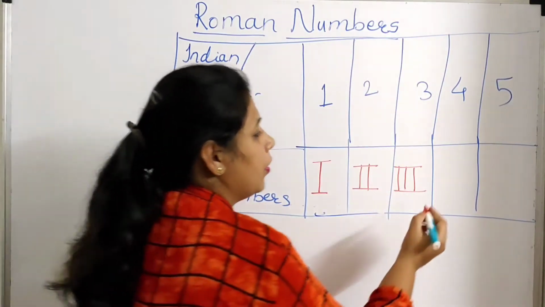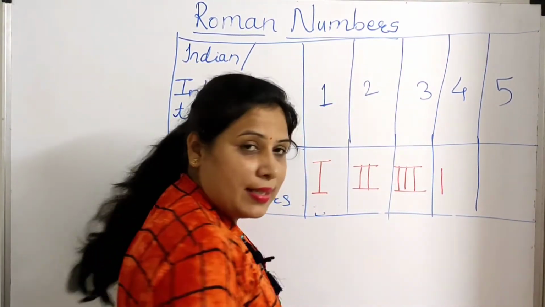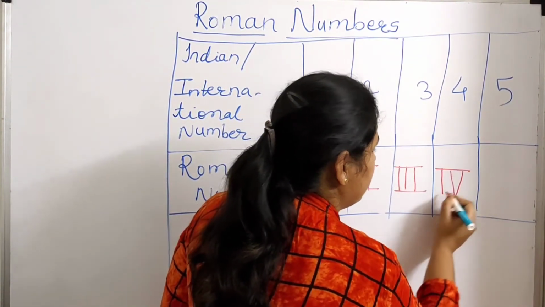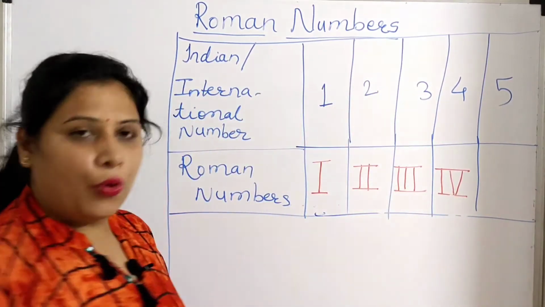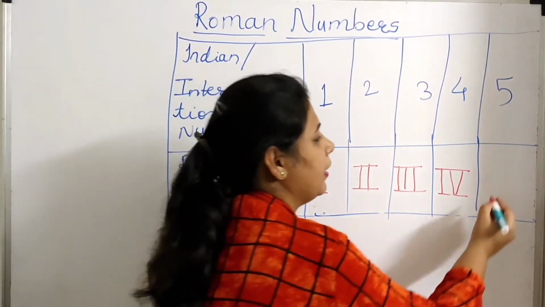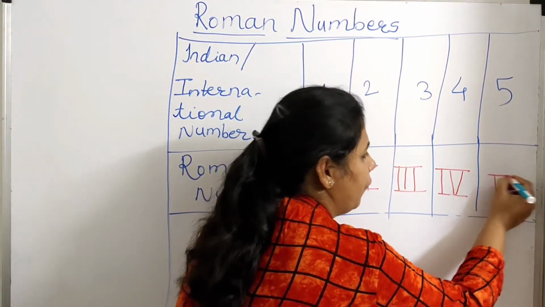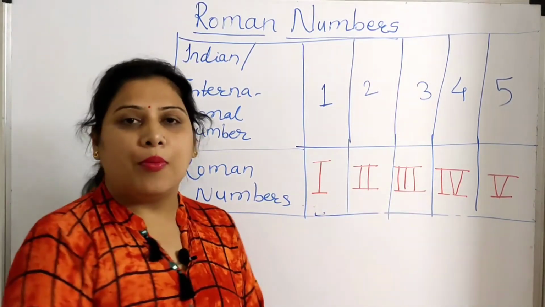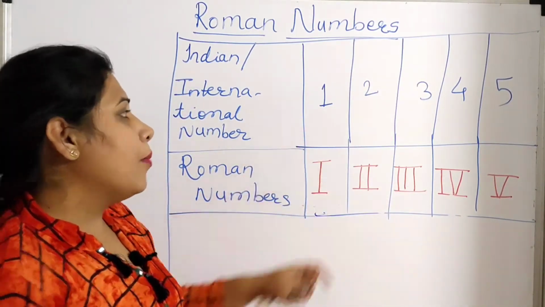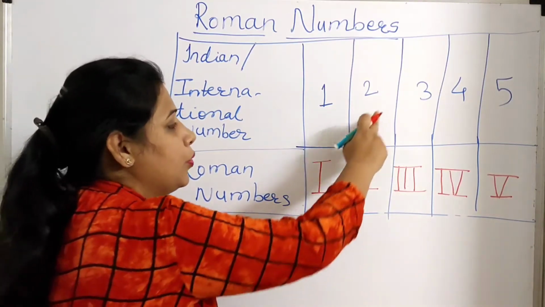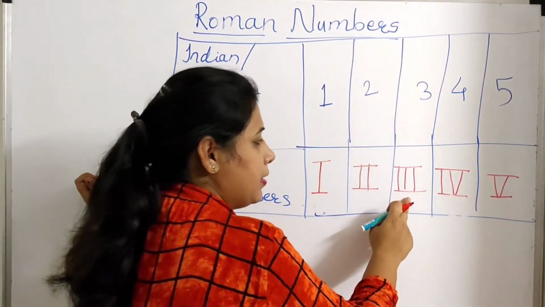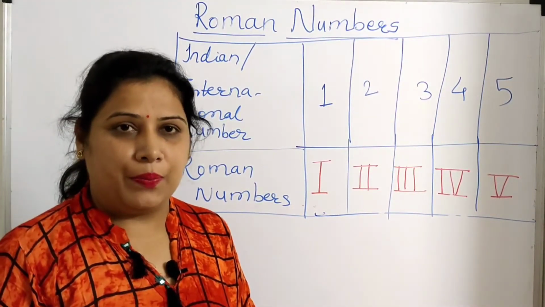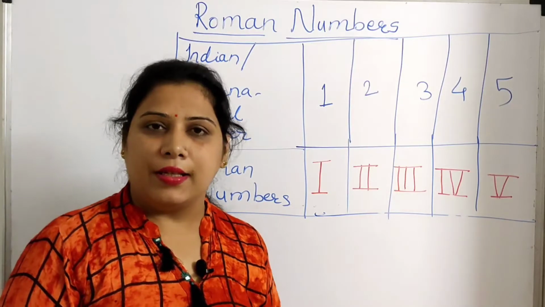For 4, we have to write one standing line, I, and capital V. This is 4. And for 5, it is written as only V, that is capital V. So, this is the Roman number system. Roman numbers 1 is written as I, 2 is II, this is 3, this is 4 and this is 5 in the Roman numbers. Okay, so Roman numbers are written in this way.